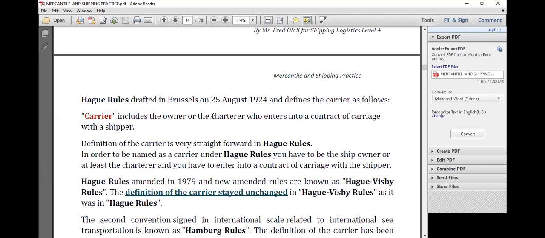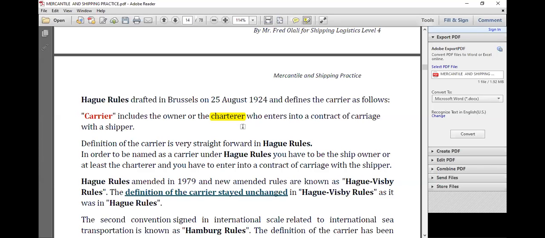Remember, we charter vessels, we charter aircraft, we don't hire them. So whoever takes it for temporary usage, we call that person a charterer. So here we define a carrier as that owner, or that charterer who is a temporary owner and enters a contract of carriage with the shipper.